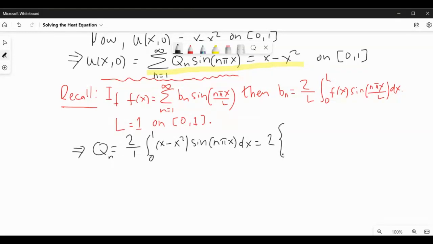So it is going to be equal to 2 over pi cubed times 1 minus negative 1 power n all over n cubed, which is also equal to 4 over pi cubed times 1 minus negative 1 power n over n cubed.